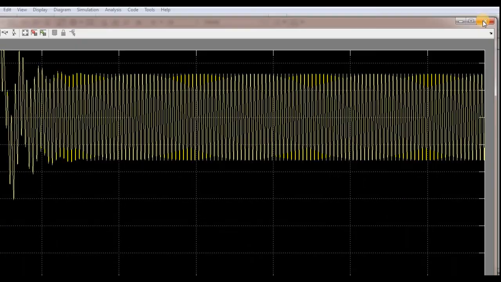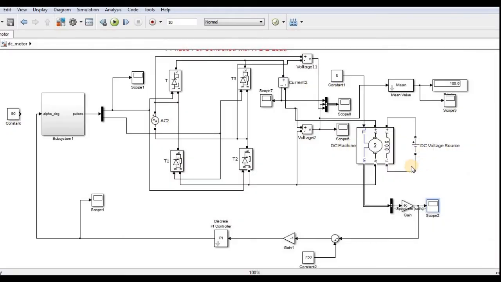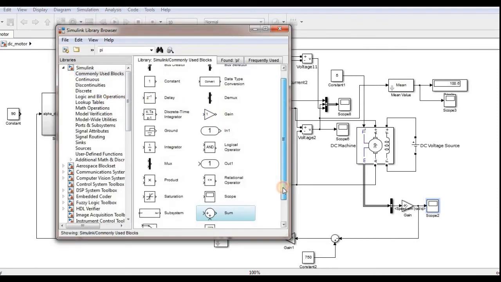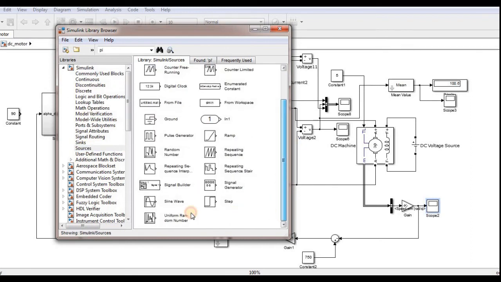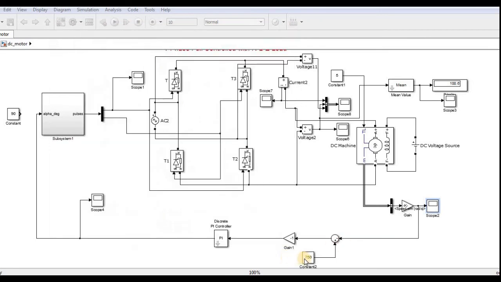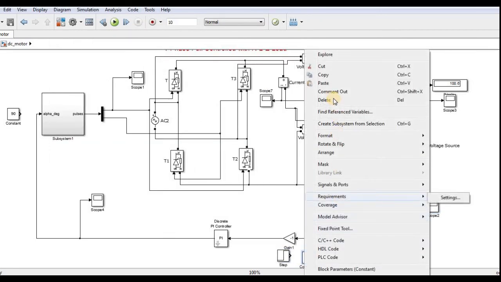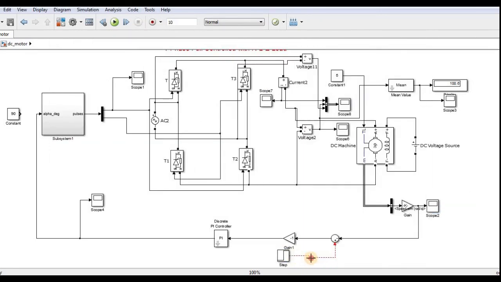So let's see, in the same scope I want sometimes one speed and sometimes another speed, like that I require. So I can go for sources, I can go for step change. See, this is the step. So I removed this one, and I will connect the step.